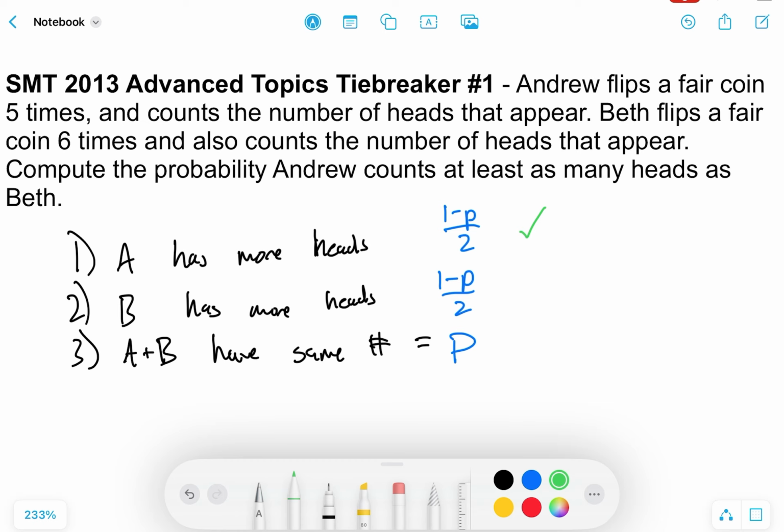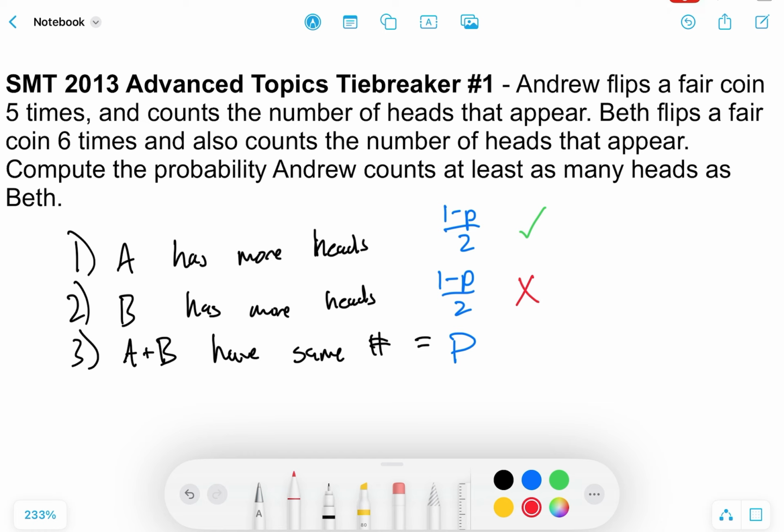No matter what happens, we get a successful outcome. But what about the second case, where Beth has more heads? Well, if Beth already has more heads than Andrew, then regardless of whether the coin is heads or tails, it won't affect the outcome. The outcome will always be that Beth has more heads, and Andrew can't do anything about it. So this is a failing case.